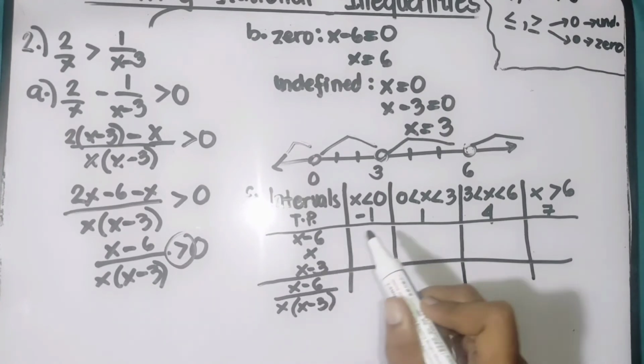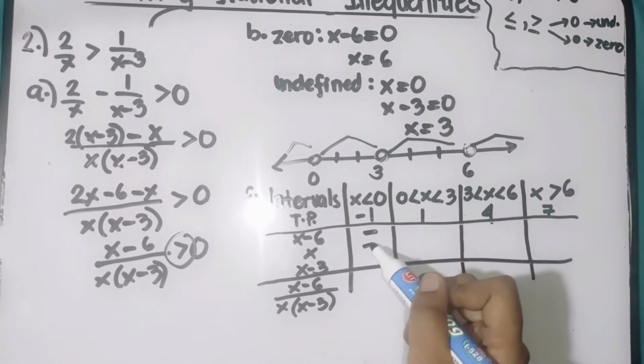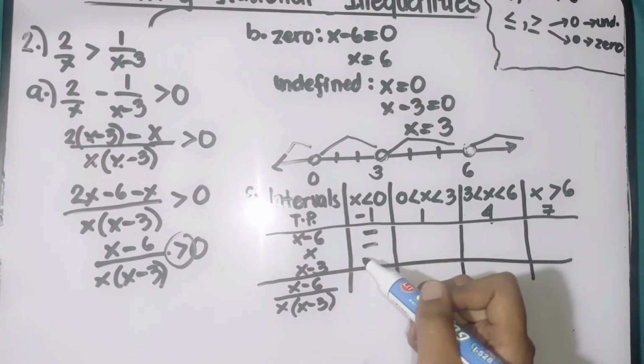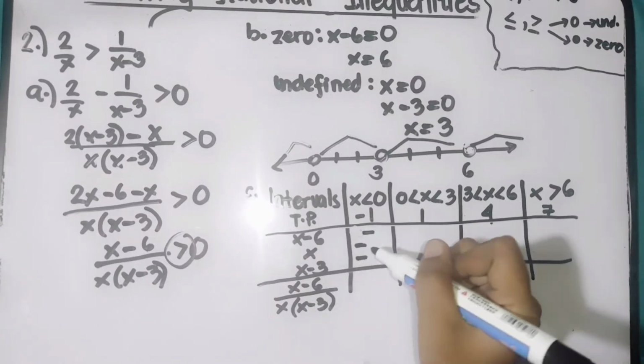-1 minus 6 is -7. -1 is negative. -1 minus 3 is -4. Since x and x minus 3 are factors of the denominator, let us multiply them first before dividing from x minus 6.